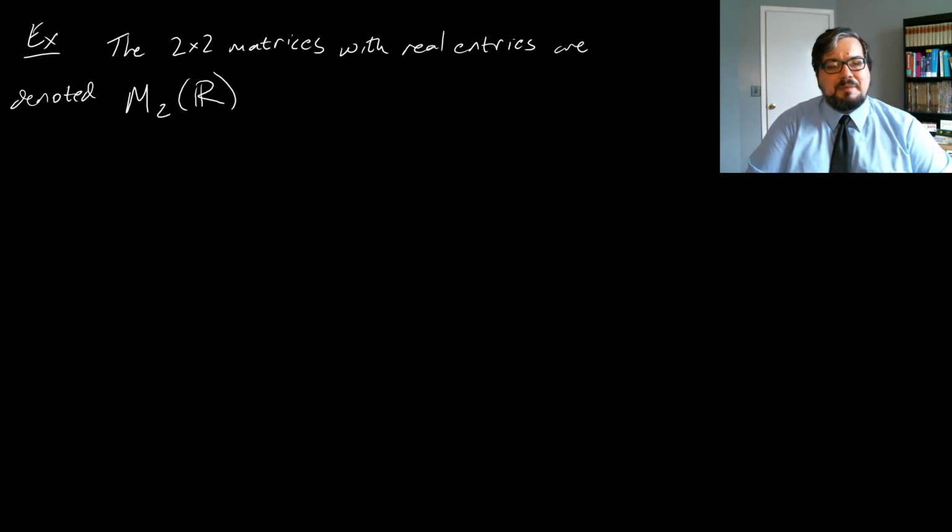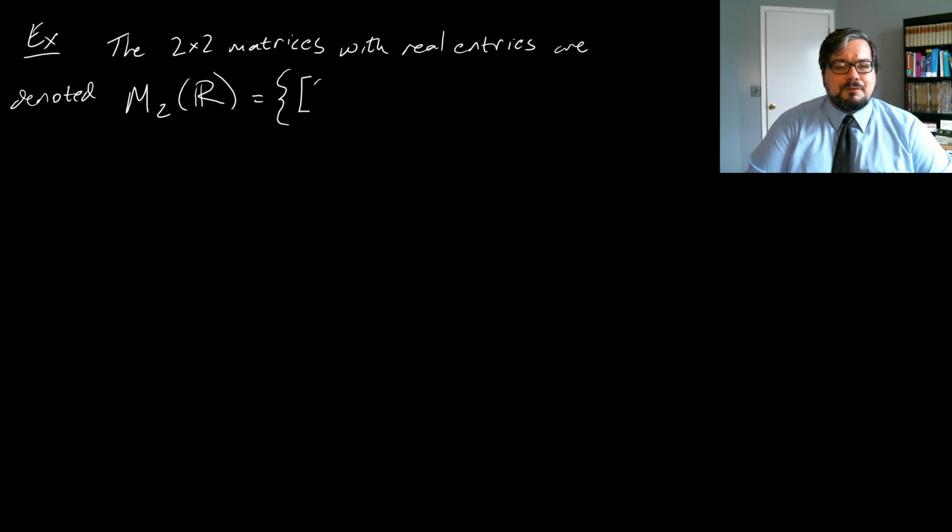All right, let's see some more examples. The 2x2 matrices with real entries are denoted M2 of R. So M for matrix, 2 to indicate 2 by 2, and R to indicate that we've got real entries.